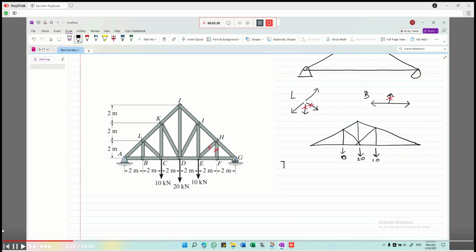So we have also taken the y component of A and the y component of G to be 20, and AX to be 0 because of no other X component in the external body. So this 20 right here is AY.